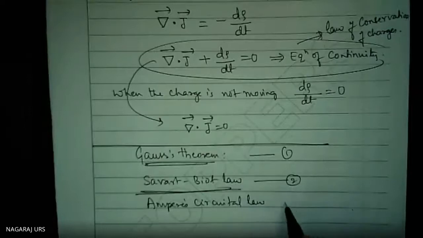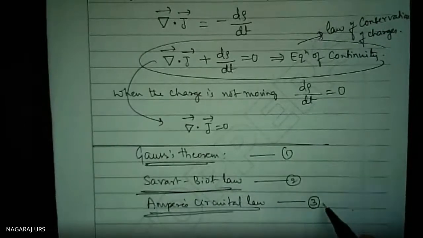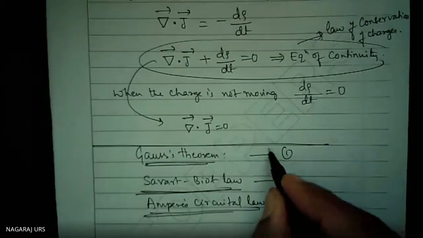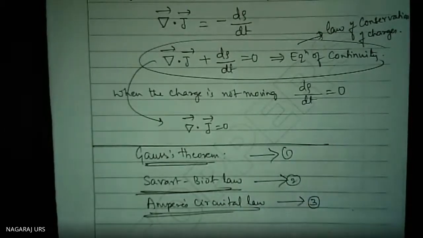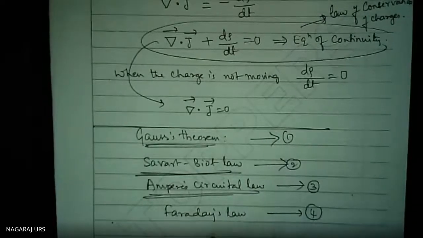Using Ampere's circuital law, he derived equation number 3. And using the Faraday law, he derived the 4th equation.